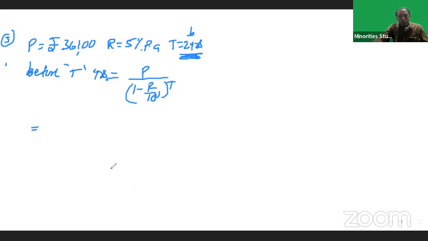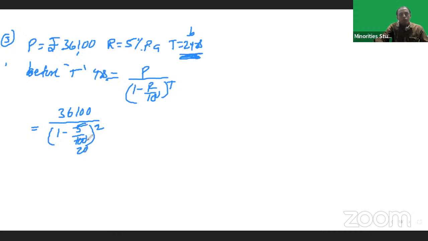So substitute the values. P value is 36,100 divided by (1 minus r by 100), r value is 5, so 5 by 100 whole power time 2 years.